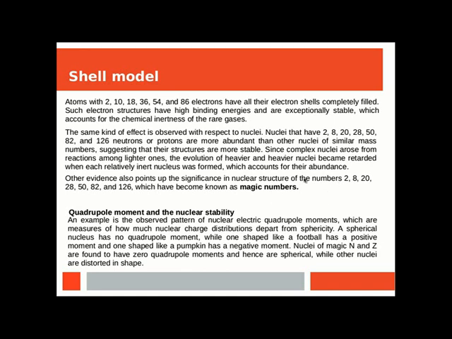Now, why are these numbers the indication or the signature of stability of the nucleus? The reason for this lies in the fact that there is something called quadrupole moments associated with the nucleus. As you know about dipole, when there are two poles, it is called a dipole, and when there are four poles, two zones of positive charge and two zones of negative charge, it is called a quadrupole type of arrangement.